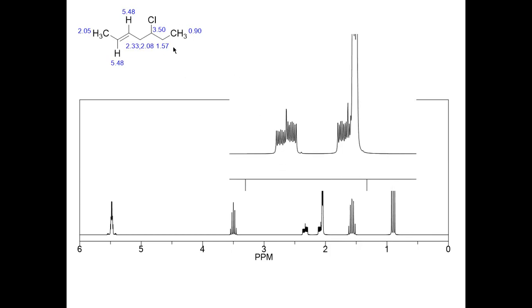If this is chiral, which I don't have it shown as, then that's going to have an effect on this set of protons as well as this set over here. But we'll talk about that later. It's going to lead to what we call complex splitting. But I don't want to talk about that right this second.